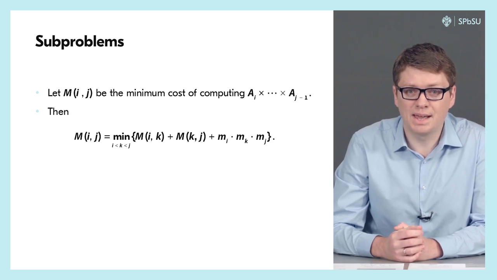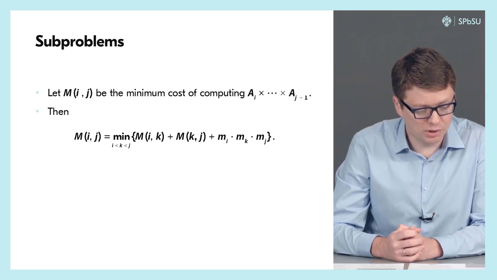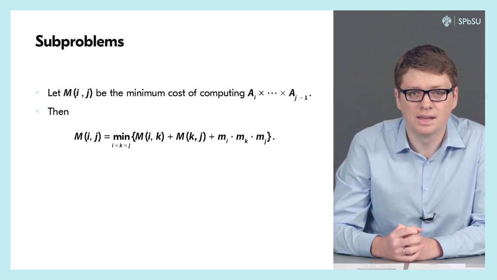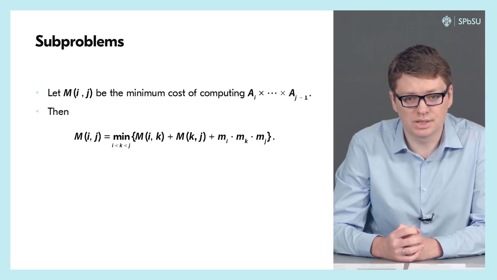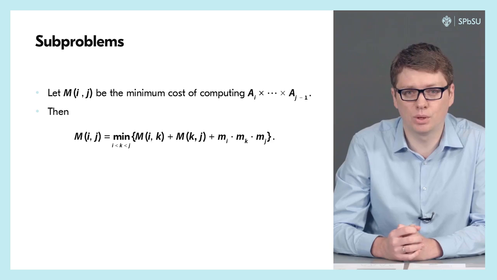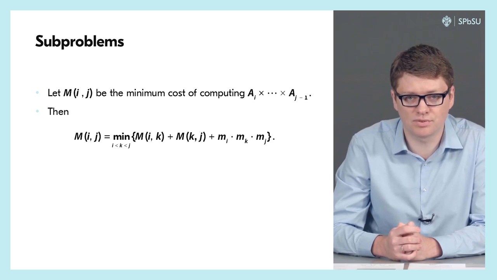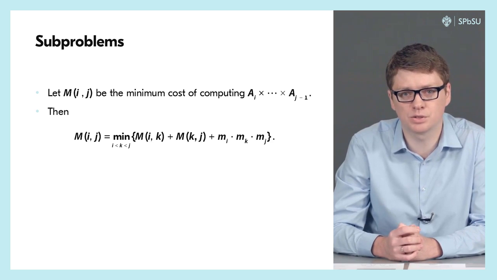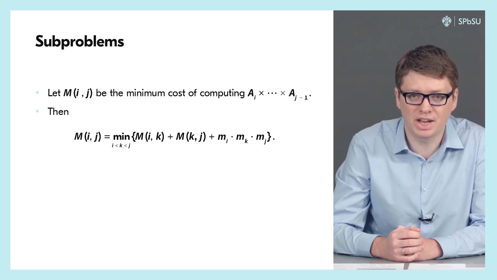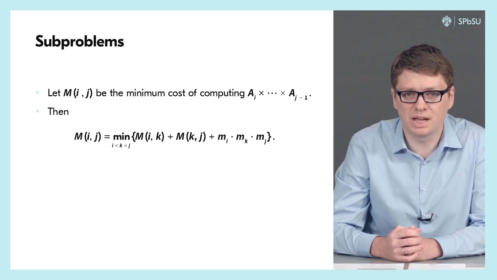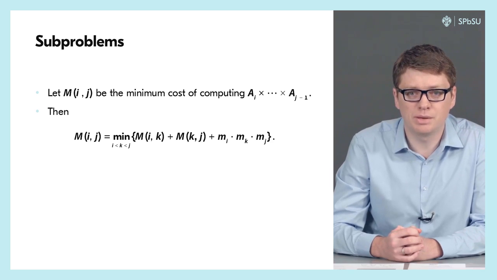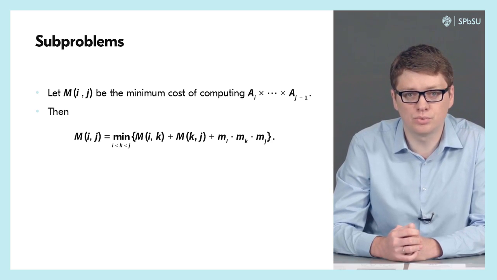So finally, M of Ij is equal to the minimum over all K, which is greater than I and smaller than J, of the following quantity: M of Ik, this is the cost of multiplying matrices from I to K minus 1, plus M of Kj, this is the cost of multiplying matrices from K to J minus 1, and plus the cost of multiplying the 2 results.